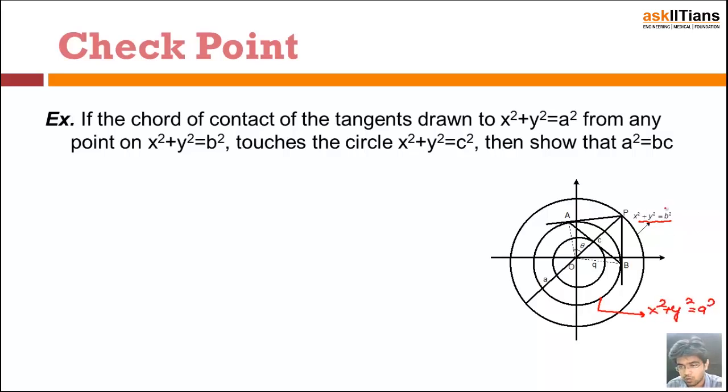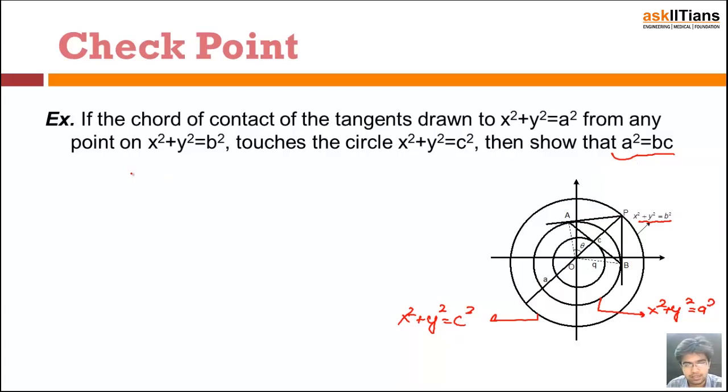From this circle we are drawing the chord of contact AB to the second circle, x square plus y square is equals to b square. This AB is touching the circle x square plus y square is equals to c square. We need to show that this relation holds.